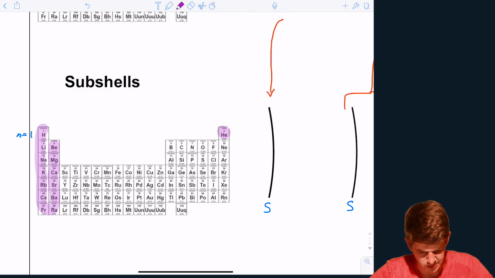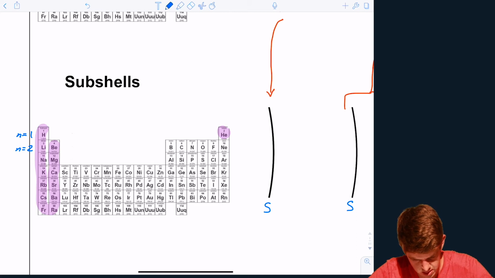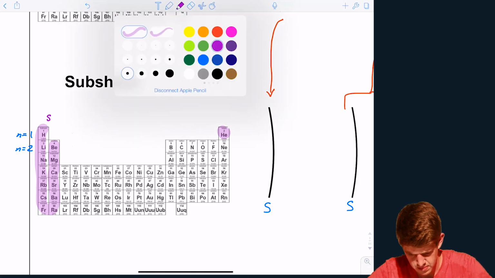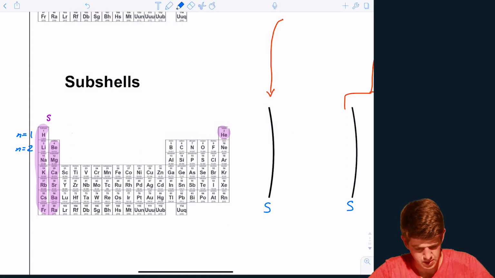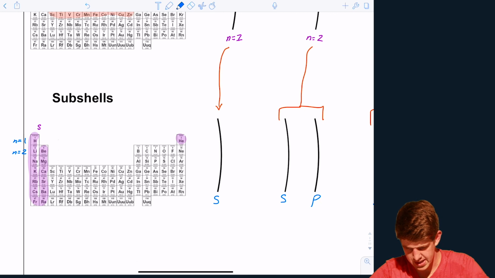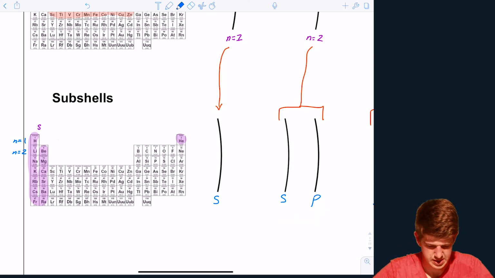Now, what happens when we move down to n equals 2? This is S. Cool. So we move into the n equals 2 shell. We can see here we break into 2 subshells.